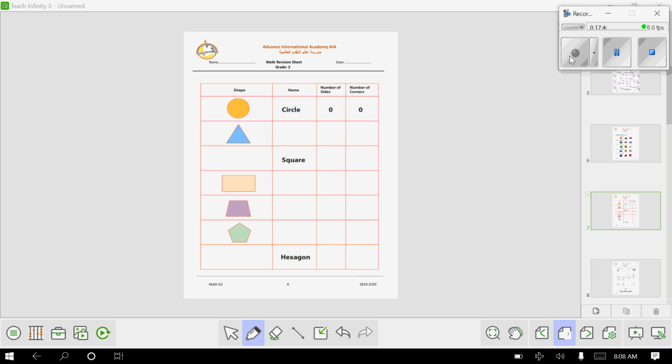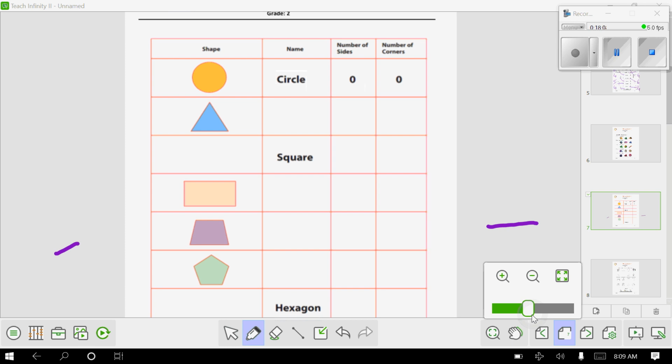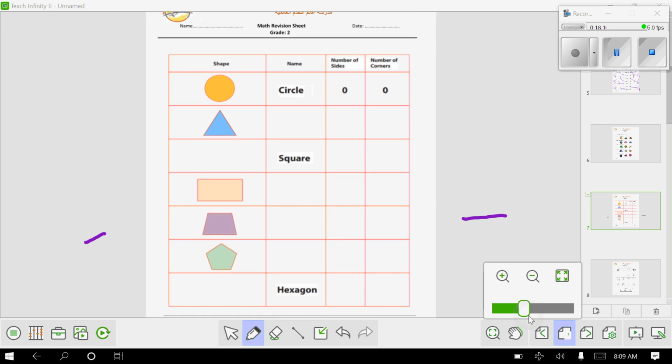Now, let's go to page number 6. Here it is. We have to identify the 2D shape, and you have to write the name and tell me how many sides and how many corners or vertices. Let's see the first shape. Okay.